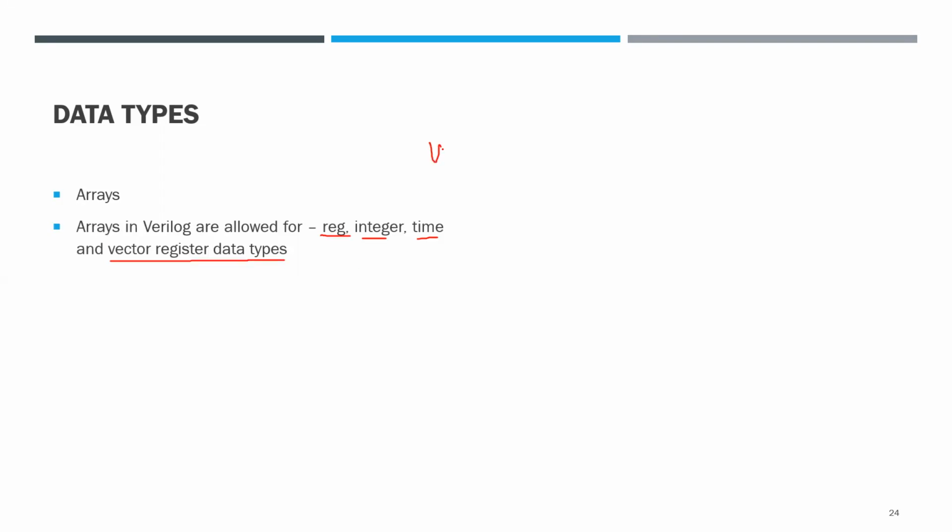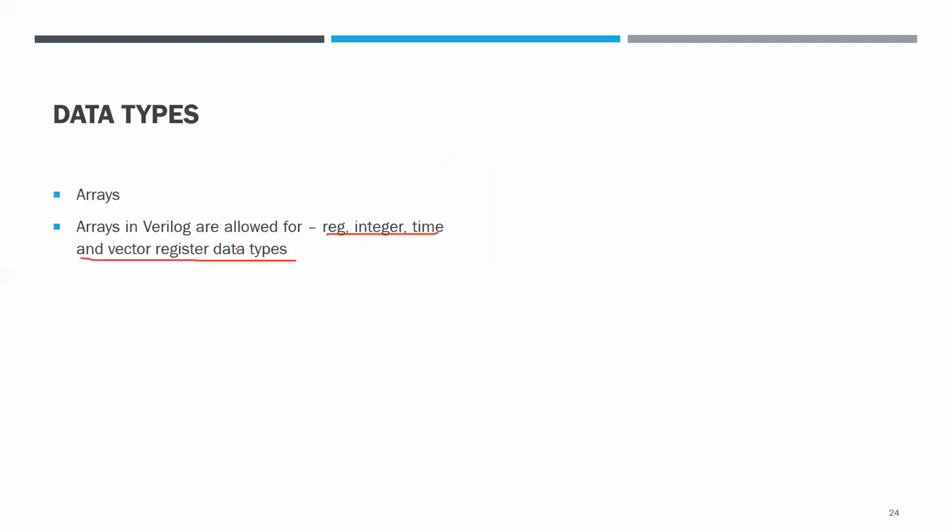As we specified, for wire or net, it doesn't support that. Arrays are not supported in those cases. But we'll be writing something like 7 down to 0, so these things also come in. There we can have a check as to how it goes. So arrays are restricted to these data types in Verilog.